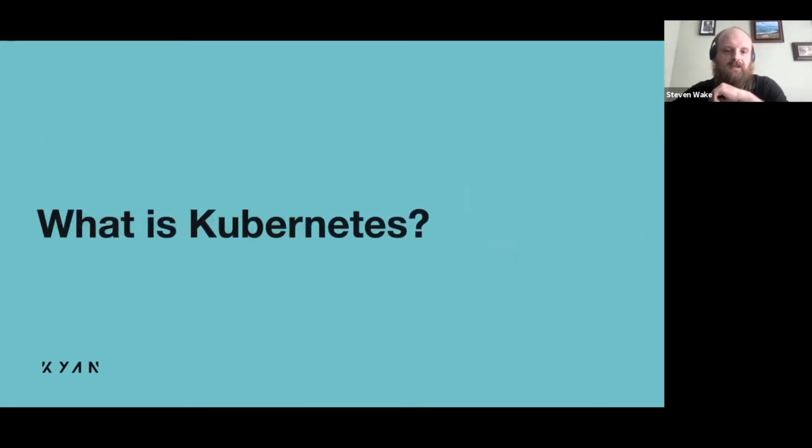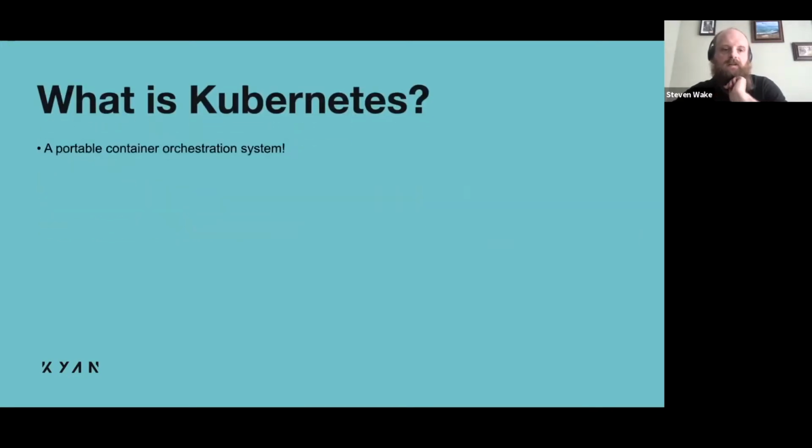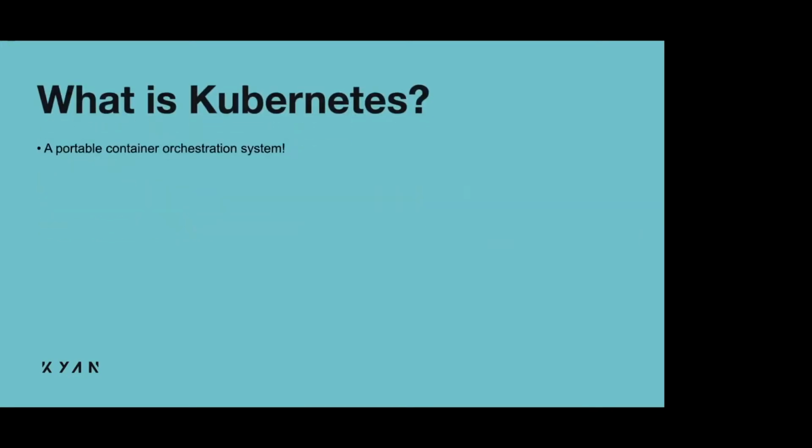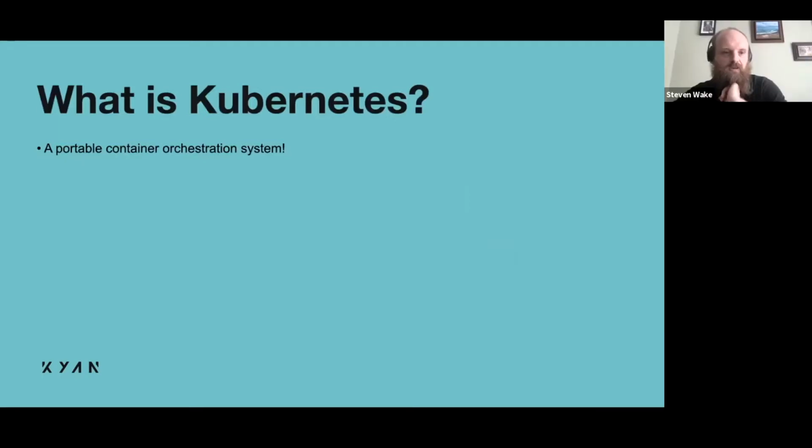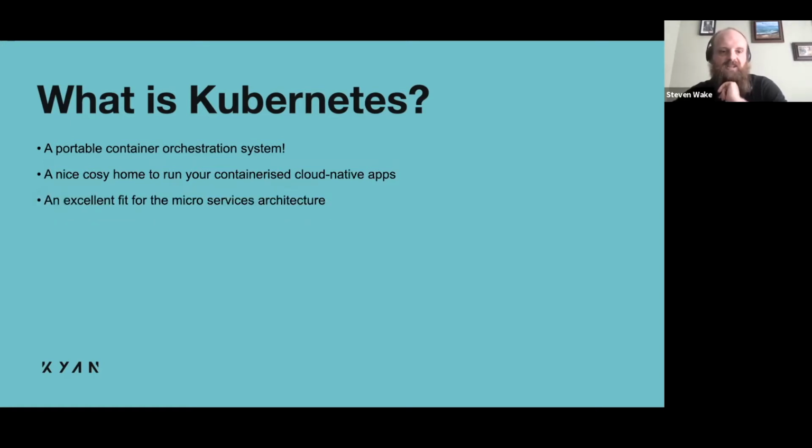What is Kubernetes? It's a portable container orchestration system. You might say, what the hell does that mean? So you can look at it as like a nice, cozy home to run your containerized cloud-native apps. And again, there's lots of jargon in there. It's an excellent fit for microservices architecture.